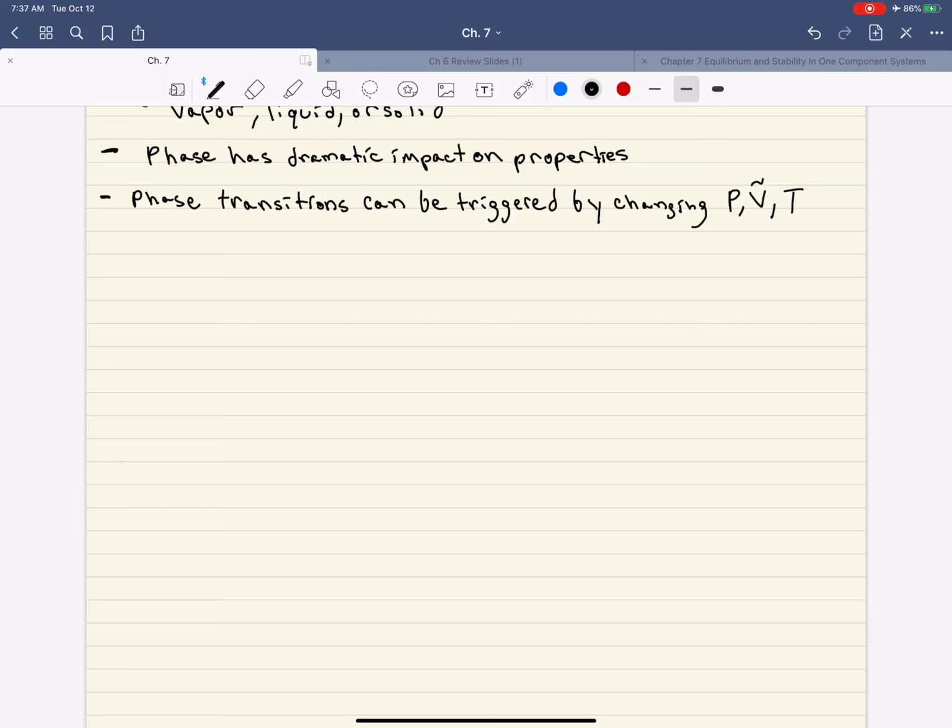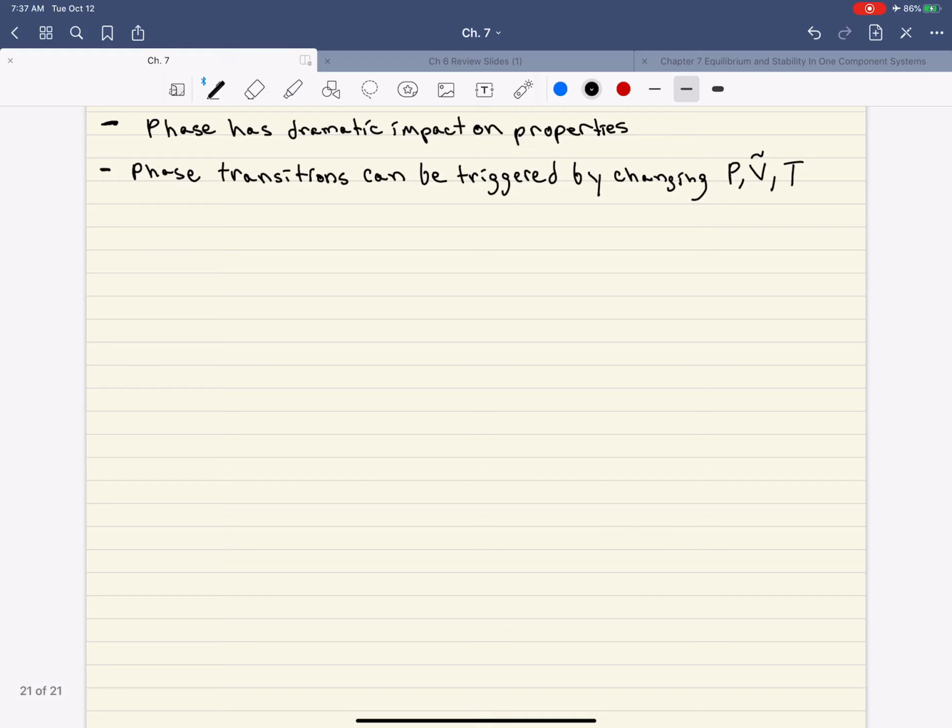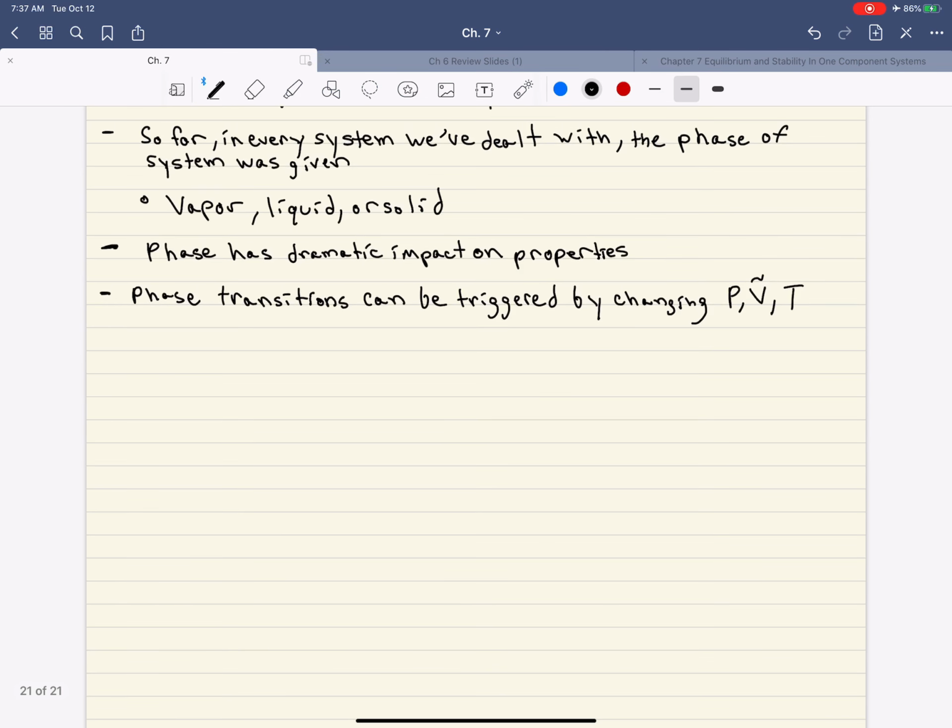And so, if you want to go from the liquid to the vapor of water, you would heat up your water up to the boiling point temperature, or the saturation temperature. Or, equivalently, you could decrease the pressure of the system so that you were below the vapor pressure or the saturation pressure. Okay? All right, and so, understanding or knowing the phase of the system that you're dealing with is very important.